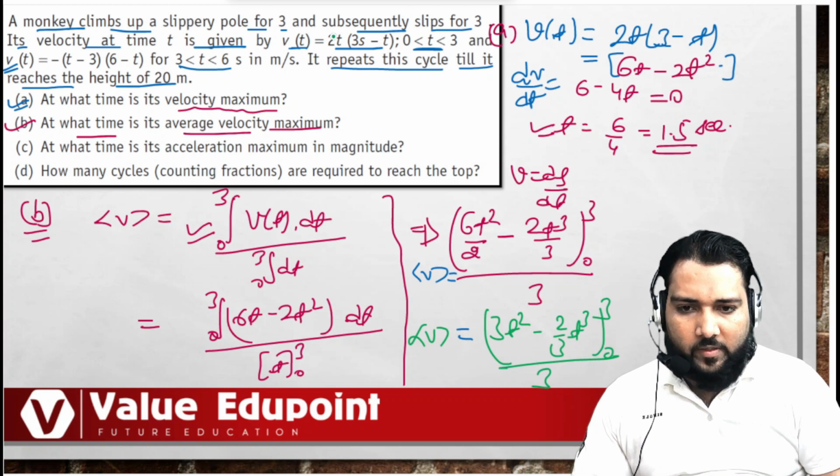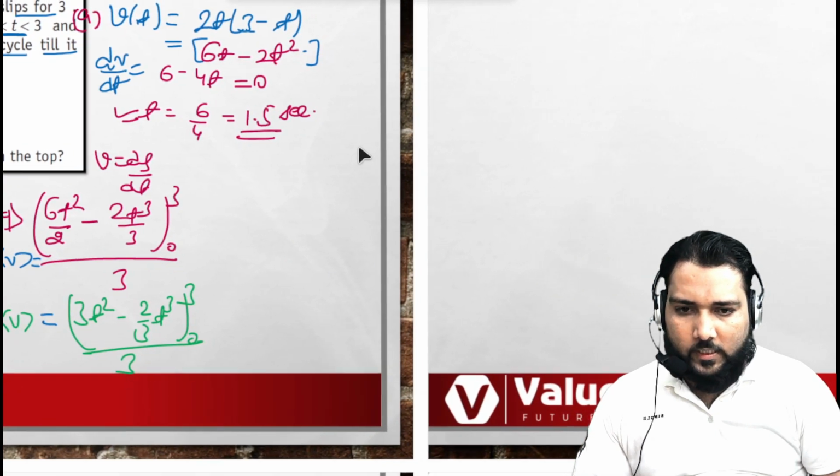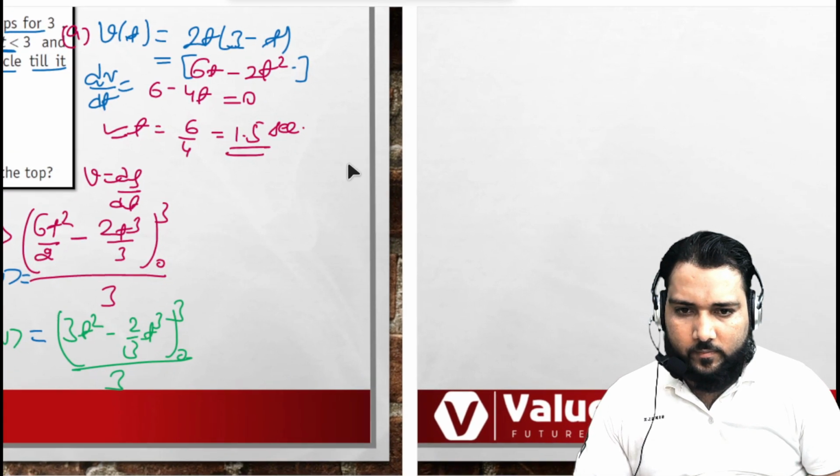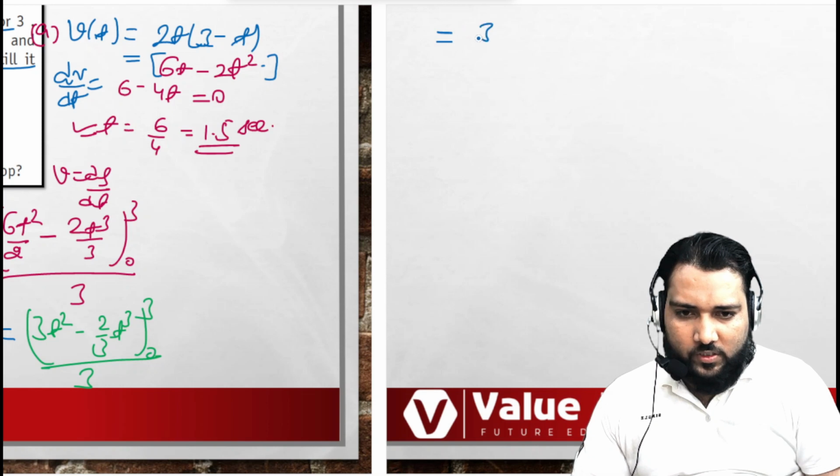When you put the limits, look at this, guys: 3 times 3 square minus 2 by 3 times 3 cube, divided by 3.